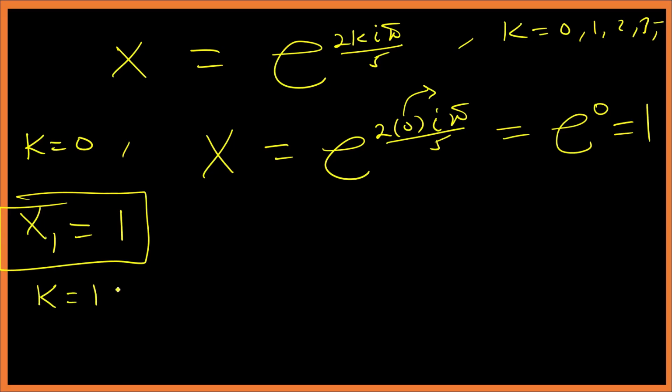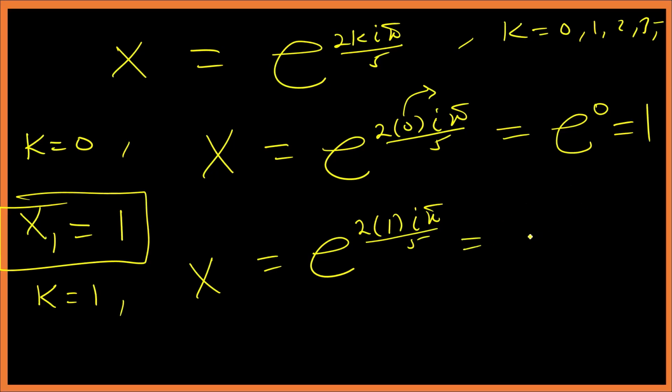Alright, now let's go to when k equals 1. Remember, we should have 5 solutions. So my x will be e raised to 2 times 1 i pi on 5. So that will be e raised to 2 i pi on 5.